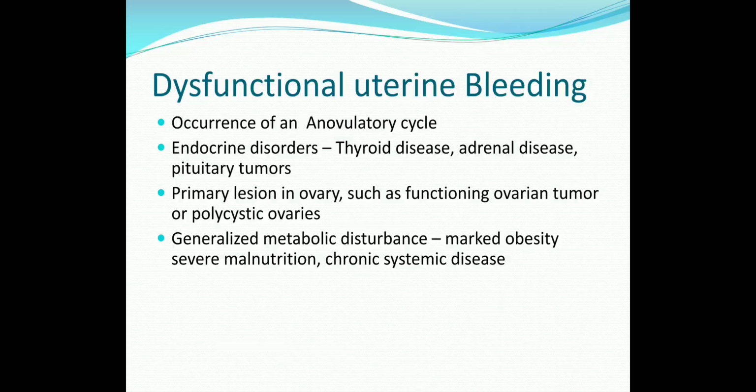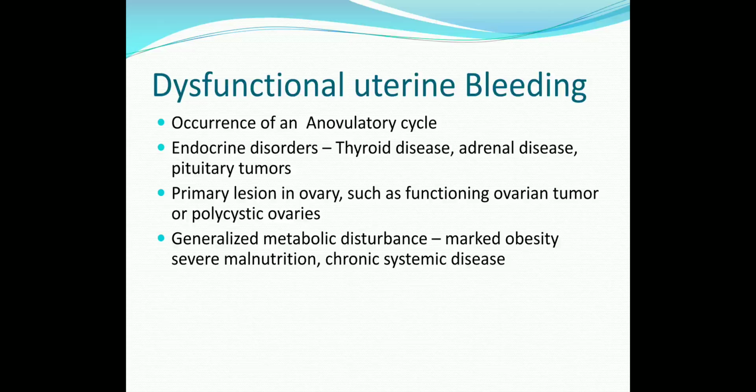So what is the pathology behind that? That is basically a type of anovulatory cycle, and usually with this anovulation, or absence of ovulation, the patient will be bleeding. That can be due to several other disorders like thyroid disease. We have to evaluate for thyroid disease, adrenal disease, adrenal tumors, pituitary tumors, etc. Another thing, you have to evaluate the ovaries.